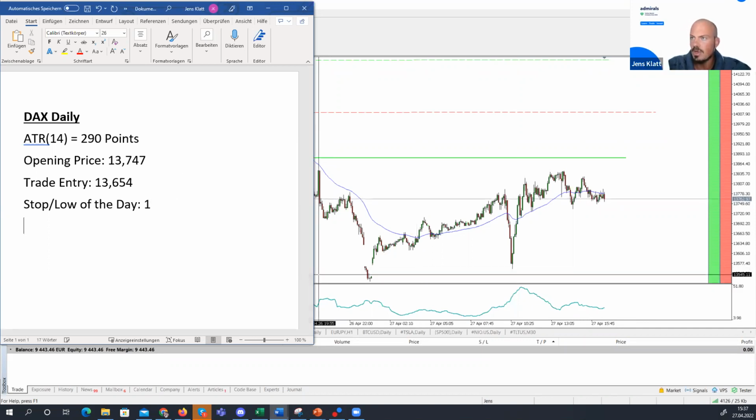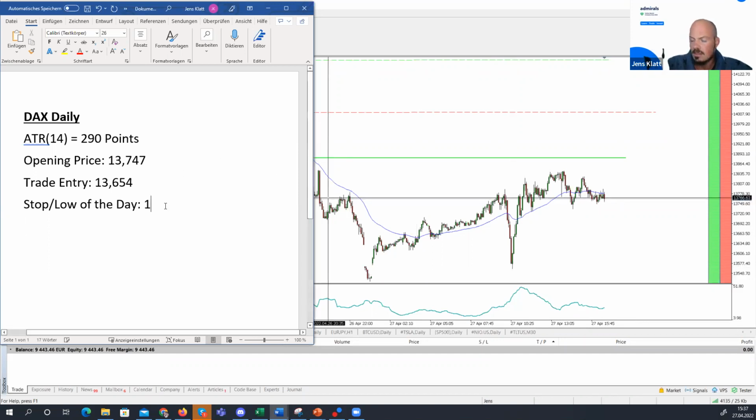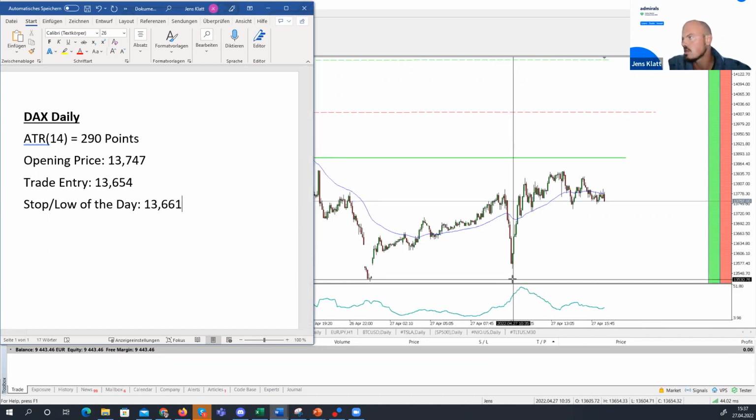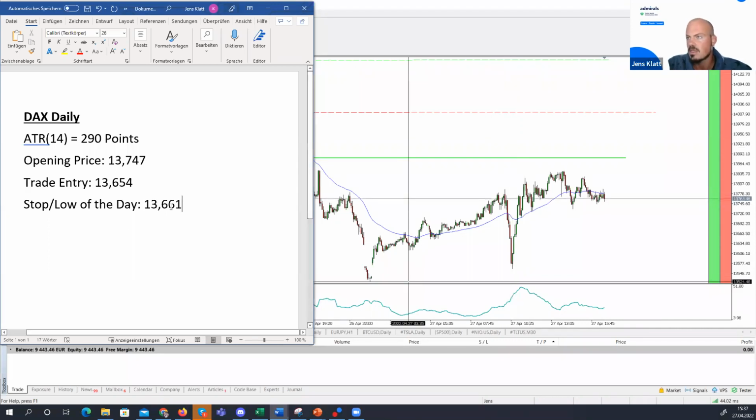One second, 561, yes. So resulting in a risk here, with the entry at 13,654 and the low where you place your stop at 13,561, you have a risk in this context of 93 points.